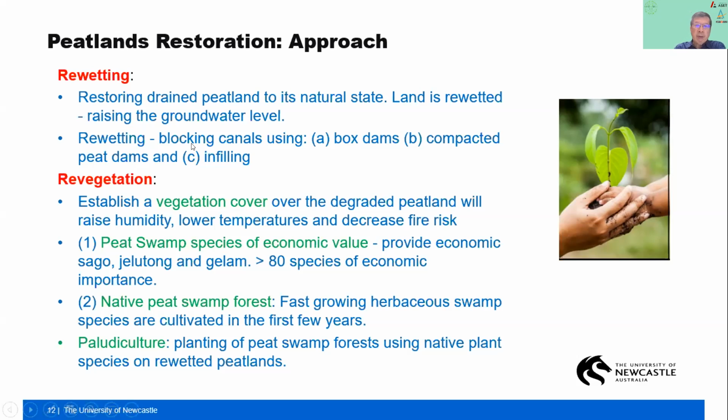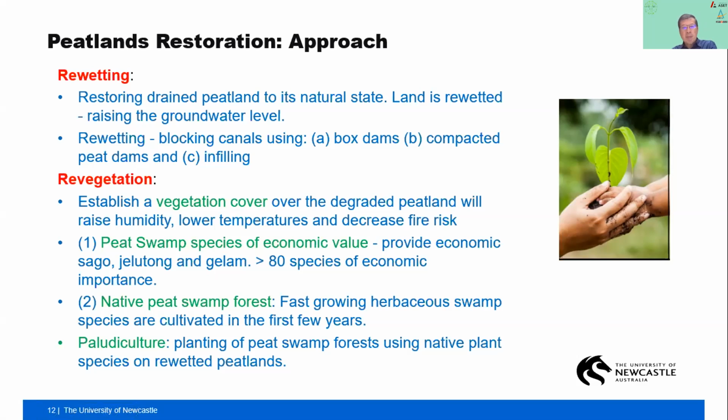So we also have the cash crops like sago, jelutong, and galam. So there are at least 80 species of economic importance. They might not be naturally in the peat swamp, but you need the communities to survive on some cash crop.